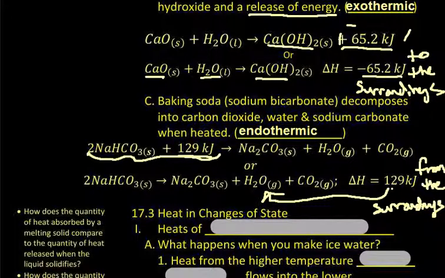Our delta H would be positive for an endothermic reaction, because that is the change in enthalpy, how much we have increased our heat within the system, how much energy the system has absorbed. If it's negative, then it is a decrease in the enthalpy. It is how much our products have lost in chemical potential energy and has heated up its surroundings.